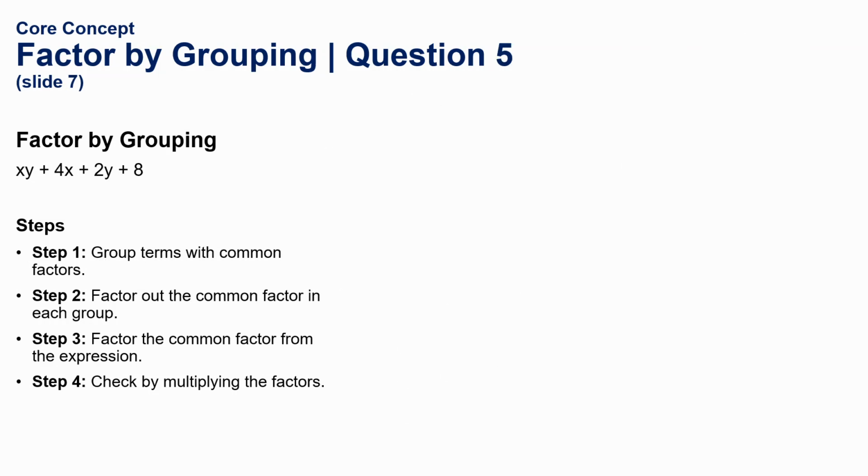The final question for this presentation is the following, where we have two variables connected together, xy plus 4x plus 2y plus 8. But the process is basically the same here.